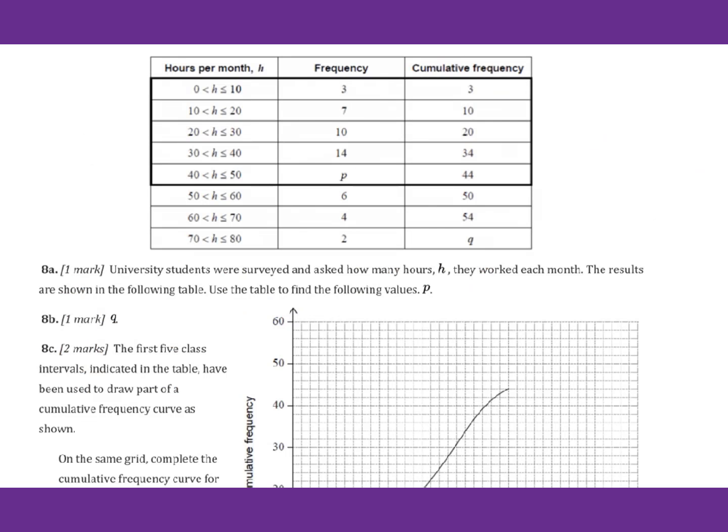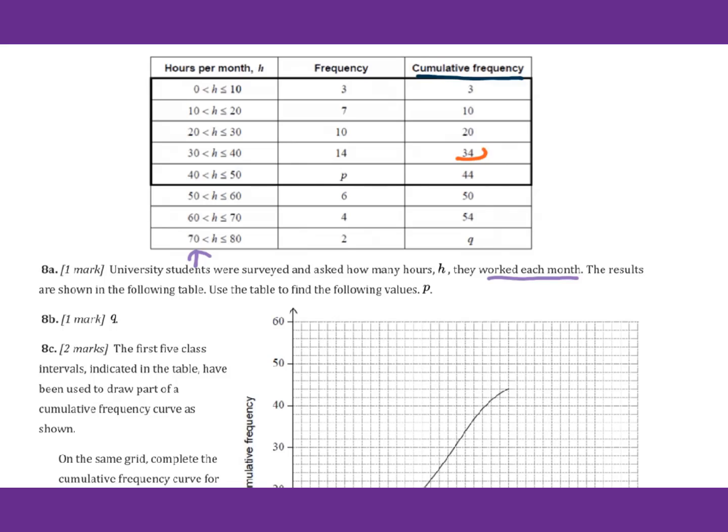Let's go to 8a. University students were surveyed and asked how many hours they worked each month. The results are shown in the following table. Use the table to find the following values P and Q. This question is about the cumulative frequency table.